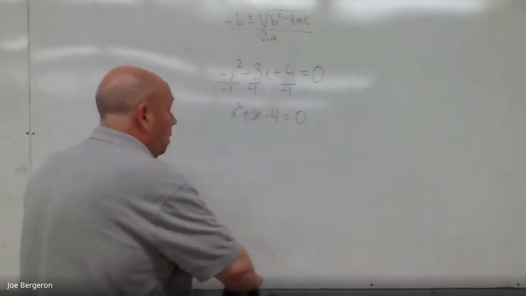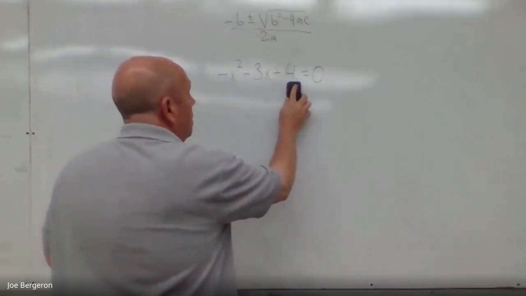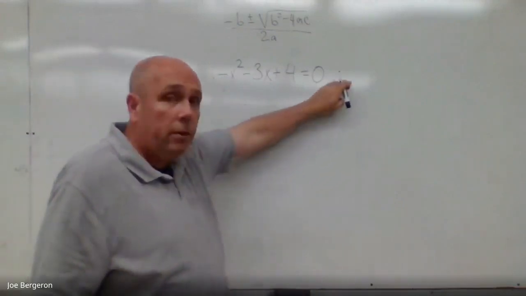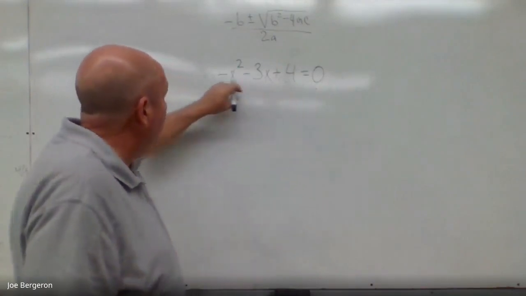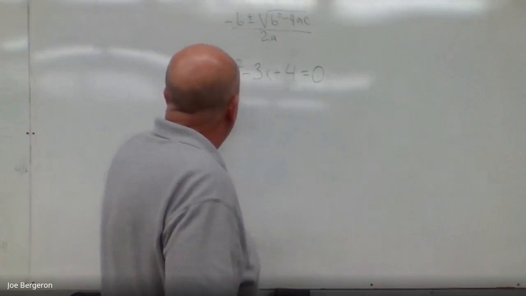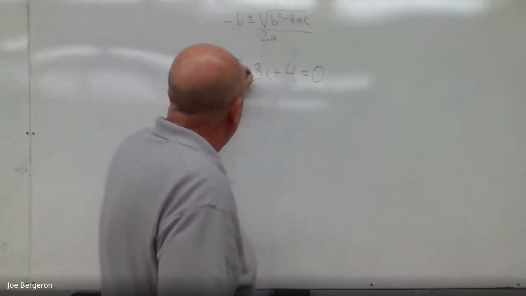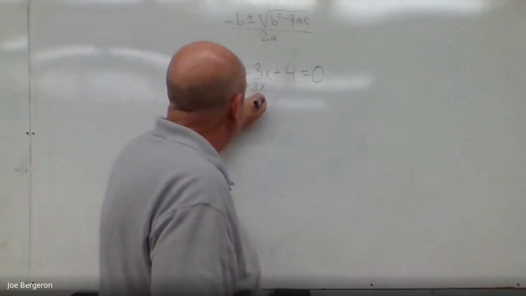Or we could, if we were to move everything over to the other side of the 0 using the property of equality, if I added the x squared over here, it would be plus x squared. If I added the 3x over here, that would be plus 3x.